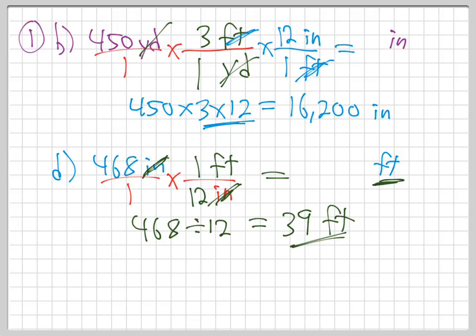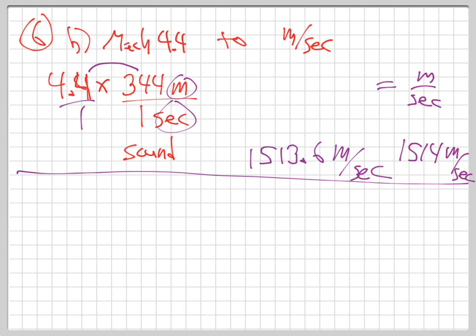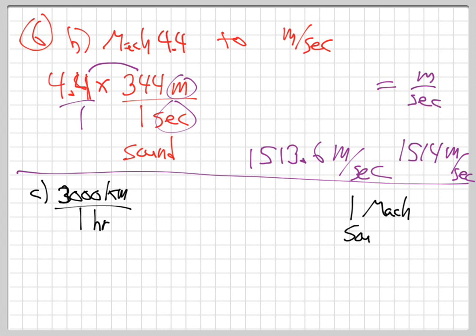Okay, let's go back to it. So part C, 3,000 kilometers per 1 hour, as a Mach number. Now, what's a Mach number? Remember, 1 Mach is the speed of sound.